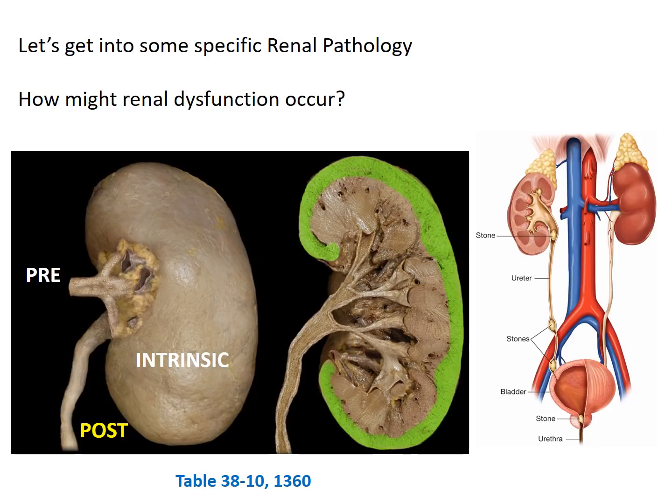And if we're talking about pathology that happens from the ureter and below, obstructing the flow of urine, we're going to refer to that as post. So we have pre-renal, post-renal, and intrinsic pathology, all of which we'll start to cover in these next slides.